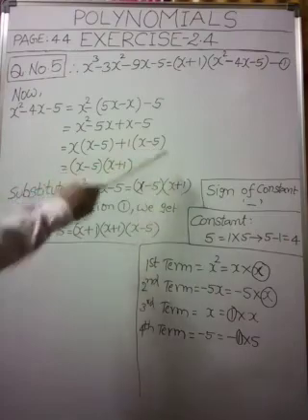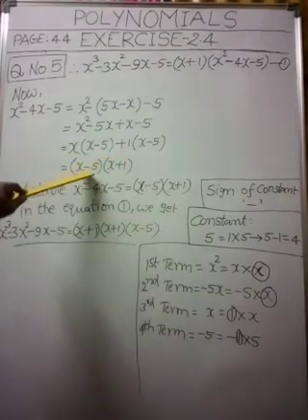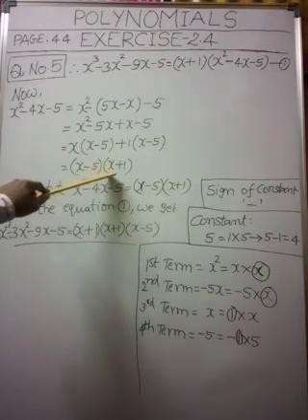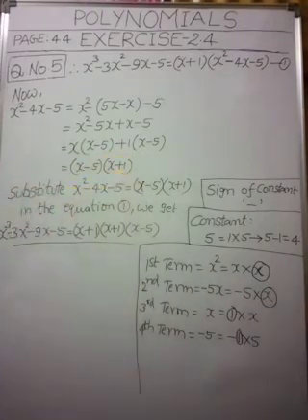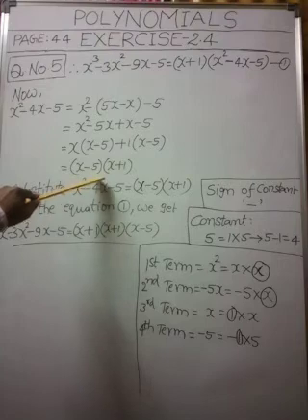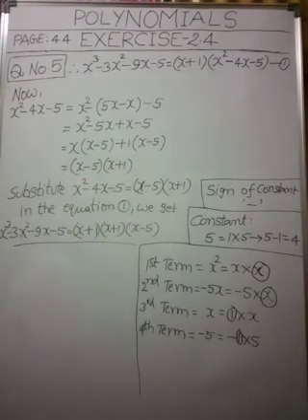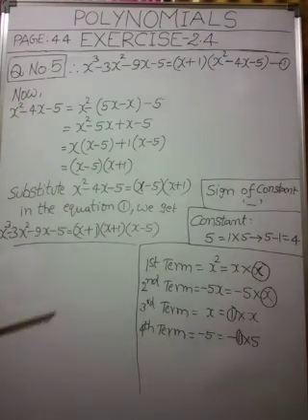Again, from these two terms, x minus 5 is a common factor. Again, we take x minus 5 out, and within the brackets we write x plus 1. Then we get the two factors. x minus 5 is one factor and x plus 1 is the second factor of this monic quadratic polynomial.